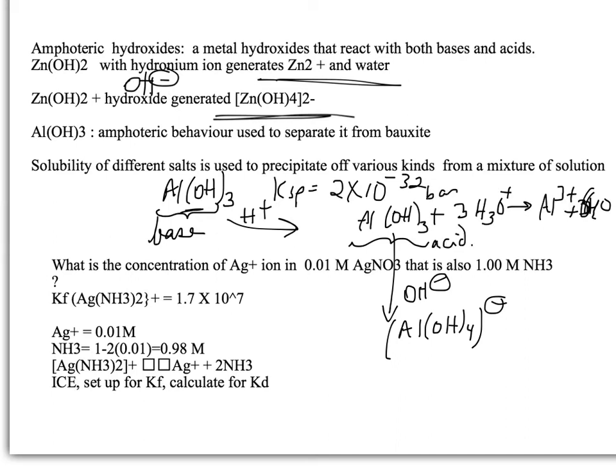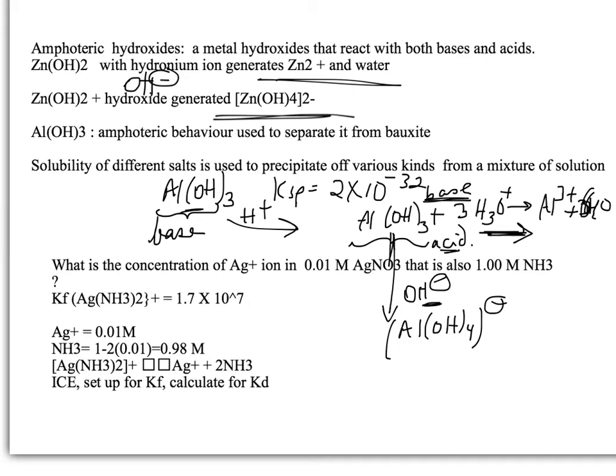Since it was earlier behaving as a base in the first reaction with hydronium, and now it's behaving as an acid when it's treated with the hydroxide, we say that Al(OH)3 has amphoteric behavior. So amphoteric again just means the ability to behave as an acid as well as a base.